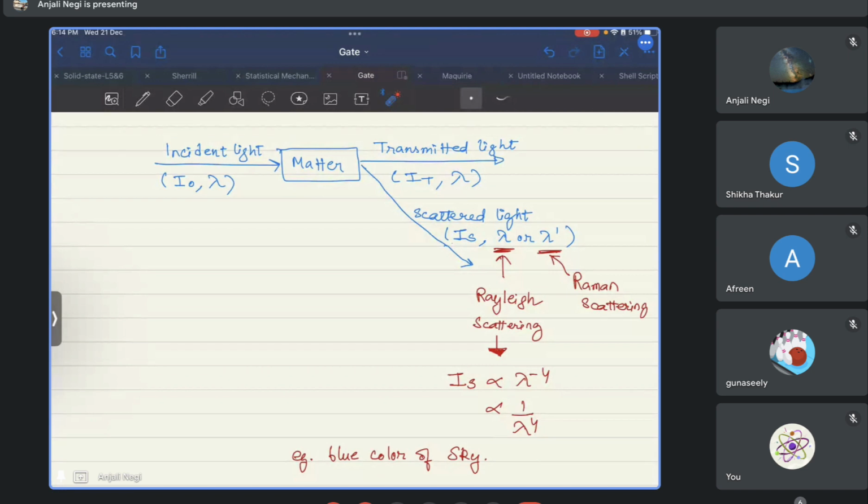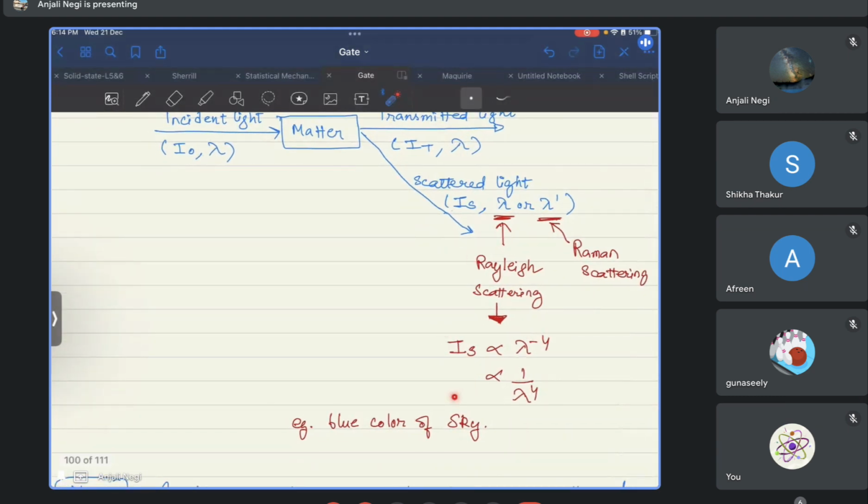The other type of scattering, in which the wavelength of the scattered light is different from the incident one, is known as Raman scattering. Rayleigh scattering is the example that explains why the sky has blue color. Just think about it.